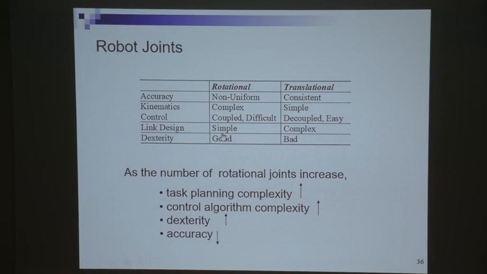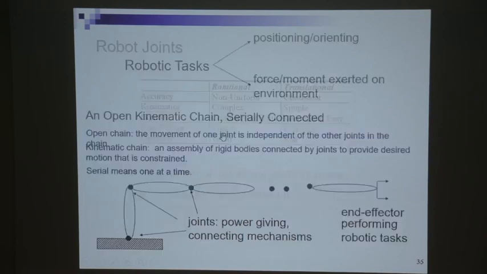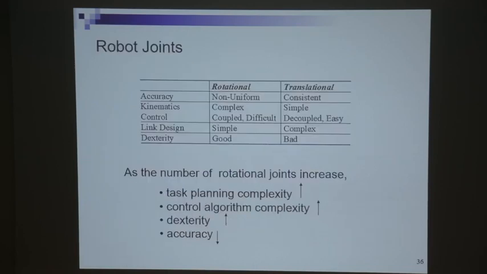So a rotational joint tends to have a non-uniform accuracy. This is all connected to this thing. Got it? Okay.